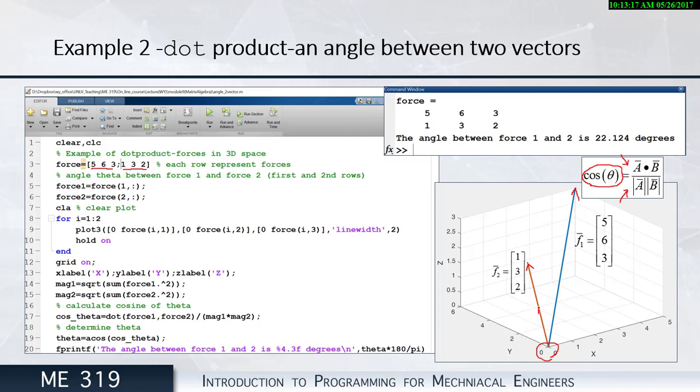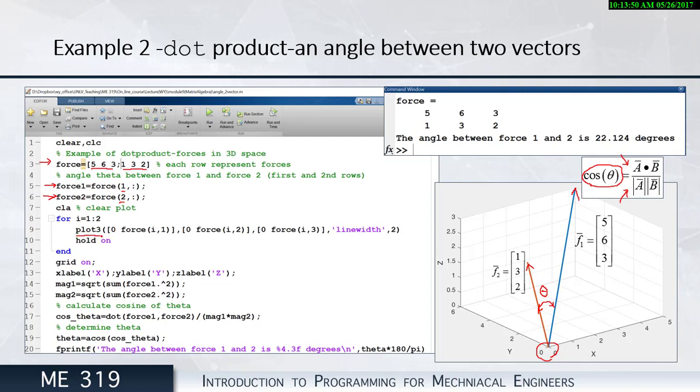So our interest is how to find the angle between these. In this program, from this matrix force, we defined force 1 and force 2. You know that we just picked the first row and the second row.